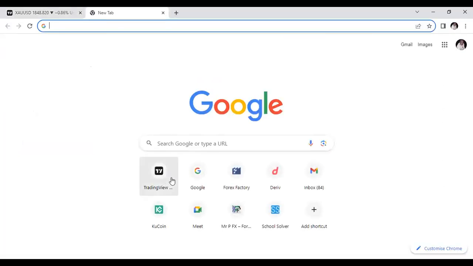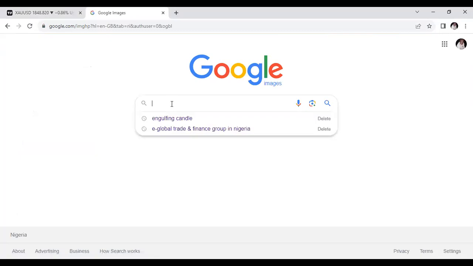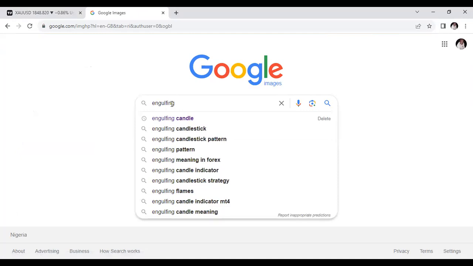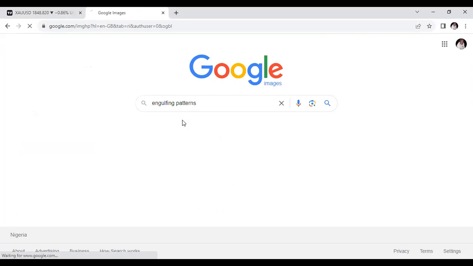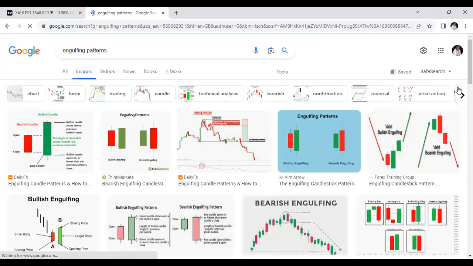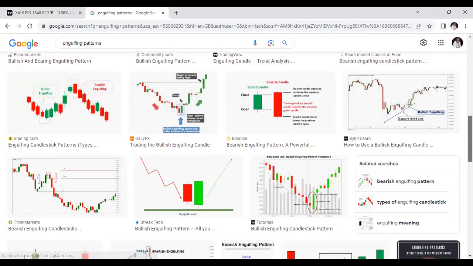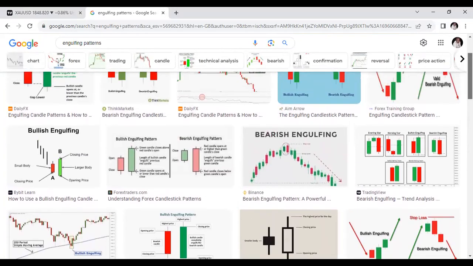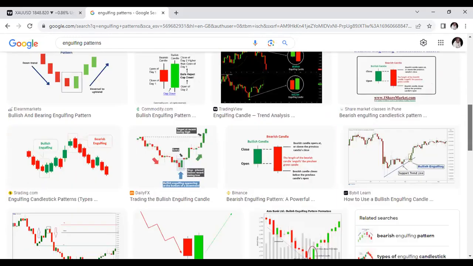I just go to Google Images and click on engulfing pattern. You have a lot of these, but most of them could be junk, or subjective, and may not meet the objective of what you are looking for.